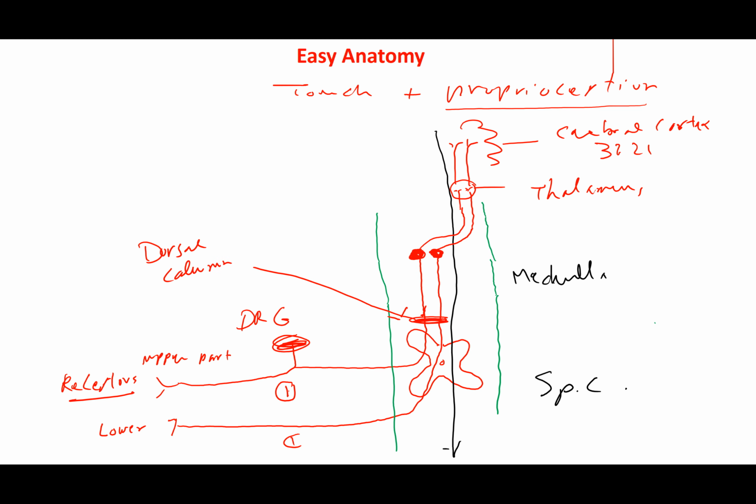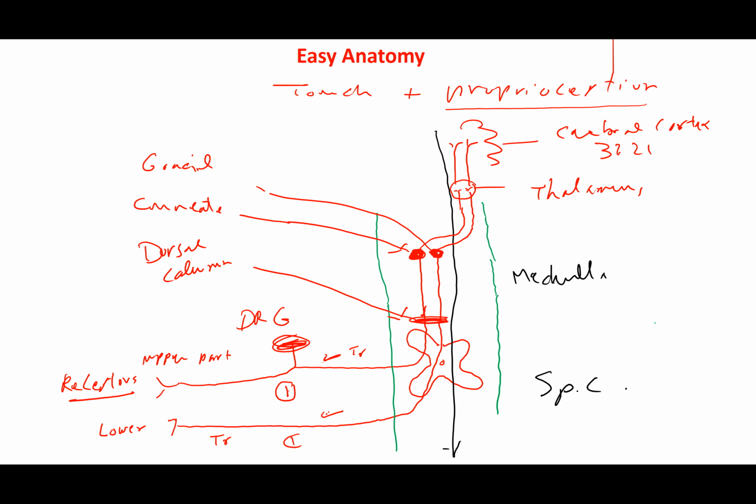Did they cross or ascend on the same side? They ascend on the same side until they reach the cuneate and gracile nuclei. As you see, gracile is medial to cuneate. So the cuneate receives from the upper part of the body, and gracile from the lower part of the body, below T6, below thoracic segment number 6, and cuneate is above T6.